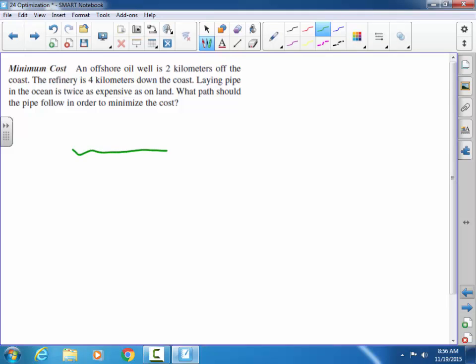So, here's our shore. Here's the refinery. That is where they're going to take the oil and turn it into gasoline. And here is our oil rig out here.